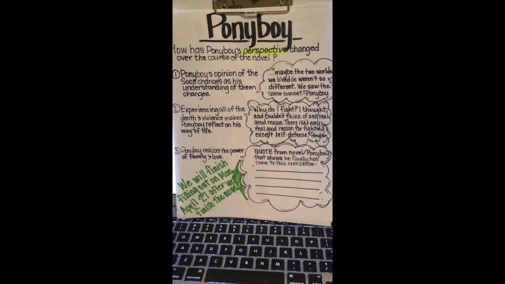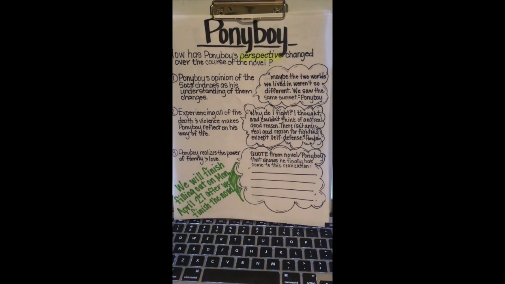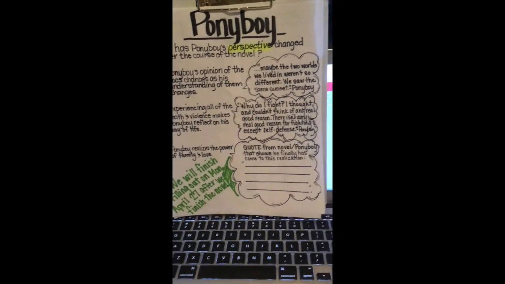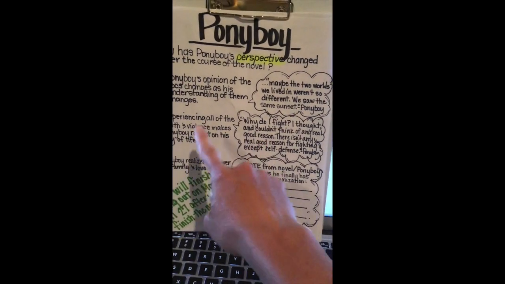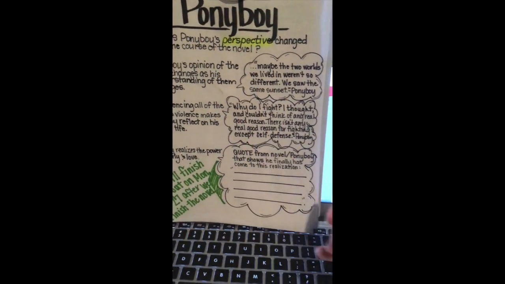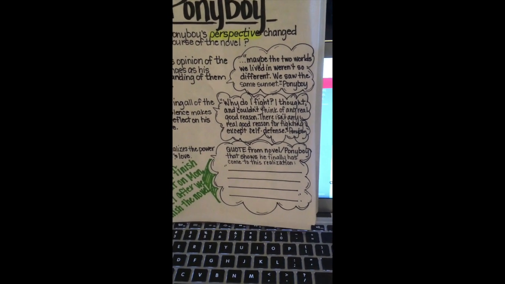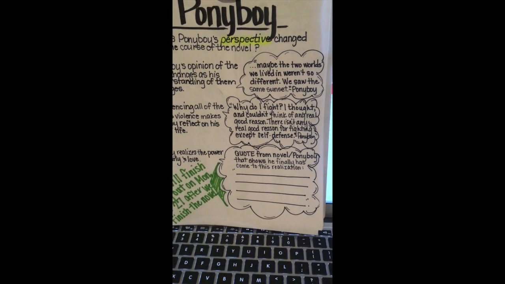The second way, experiencing all of the death and violence makes Ponyboy reflect on his way of life. So the quote here that kind of shows that is, "Why do I fight? I thought and I couldn't think of any real good reason. There isn't any real good reason for fighting except self-defense."